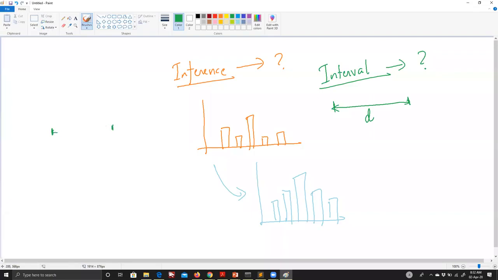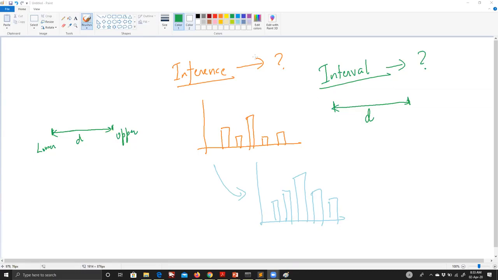The better word would be a gap between these 2 points, the upper and lower limits. So let's call this the upper limit, and this the lower one. The distance between them is referred to as the interval. And of course, an interval can be in the form of space, or it can be in the form of time.